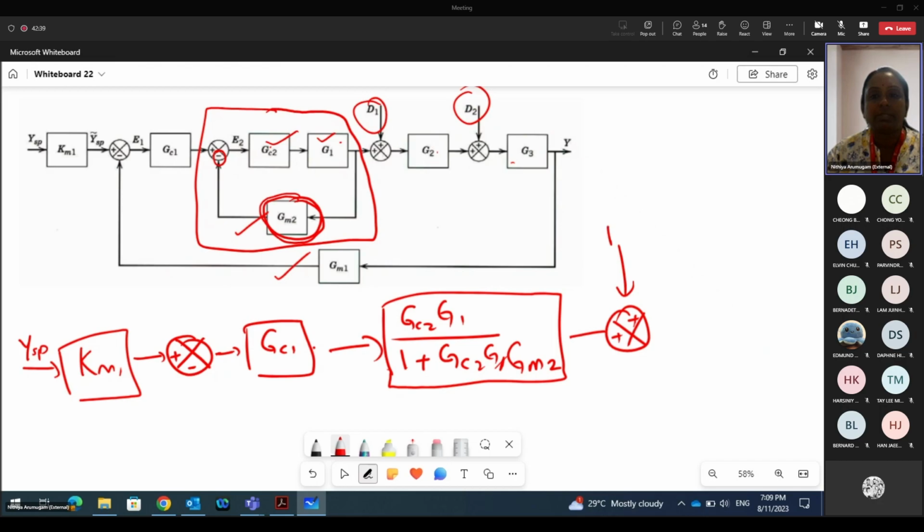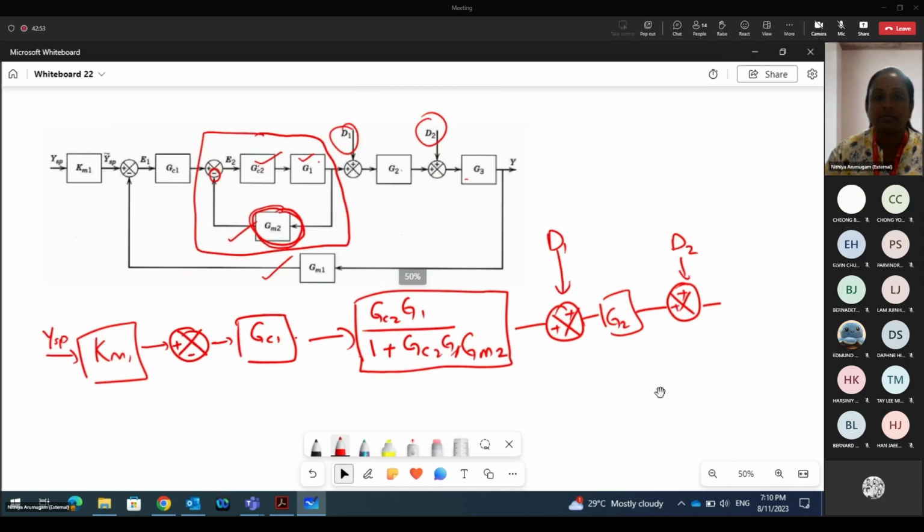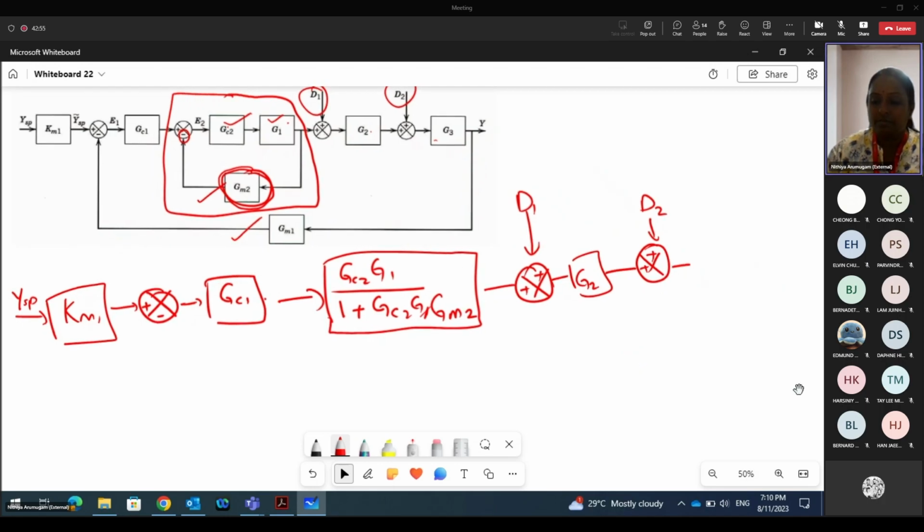We have disturbance D1 and then G2, another disturbance plus plus, G2, and we have G3 and Y. The last, the main feedback loop, will remain as it is.